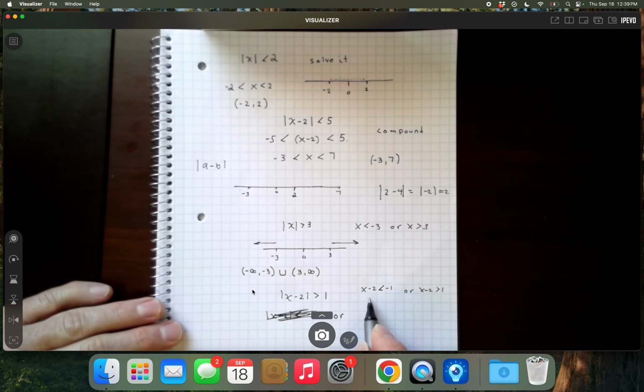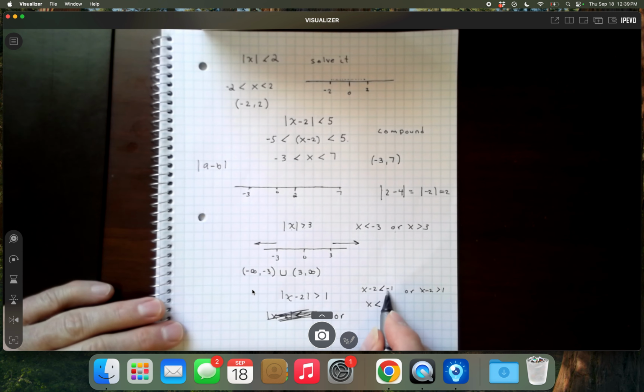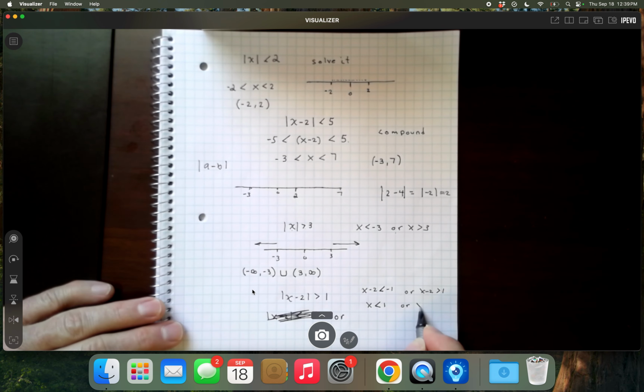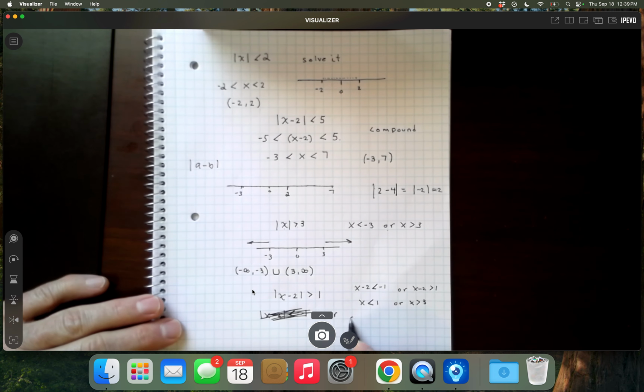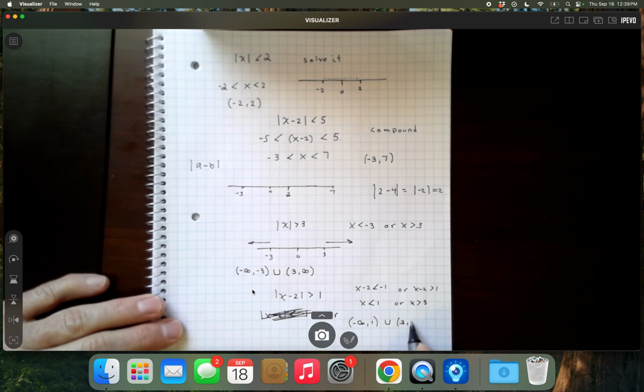Then you could look at this, that says x is less than minus 1 plus 2, which is going to be 1, or x is greater than 3. So to write this as the solution, it's going to be minus infinity up to 1 union 3 up to infinity.